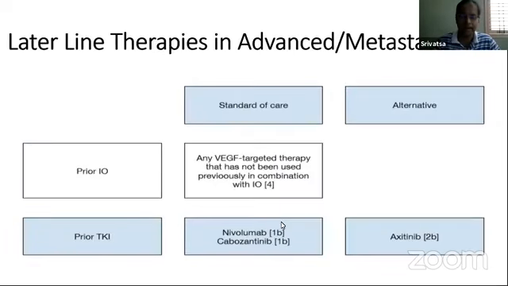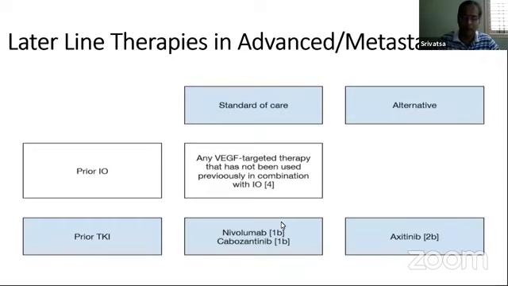This is the current recommendation for later line therapies in advanced or metastatic RCC. For patients who have previously received immunotherapy as their first line of treatment, the standard of care is to use any VEGF targeted therapy that has not been used previously in combination with immunotherapy. So this is the standard recommendation. There is unfortunately no alternative.